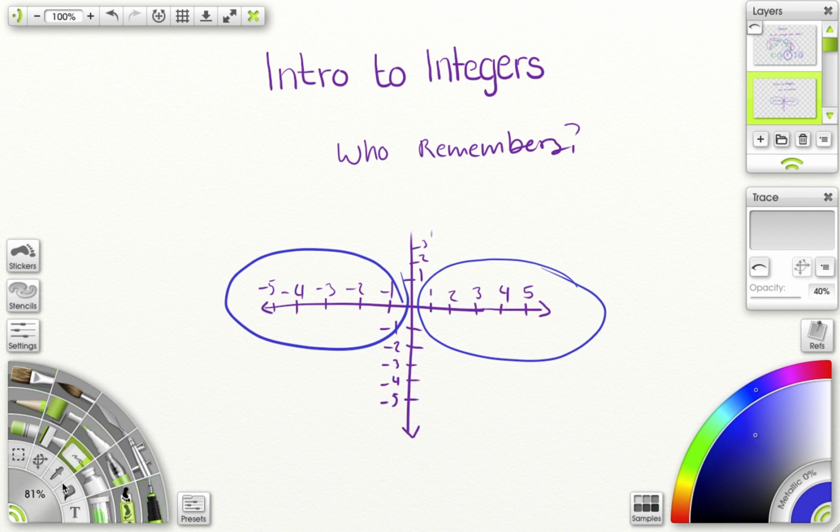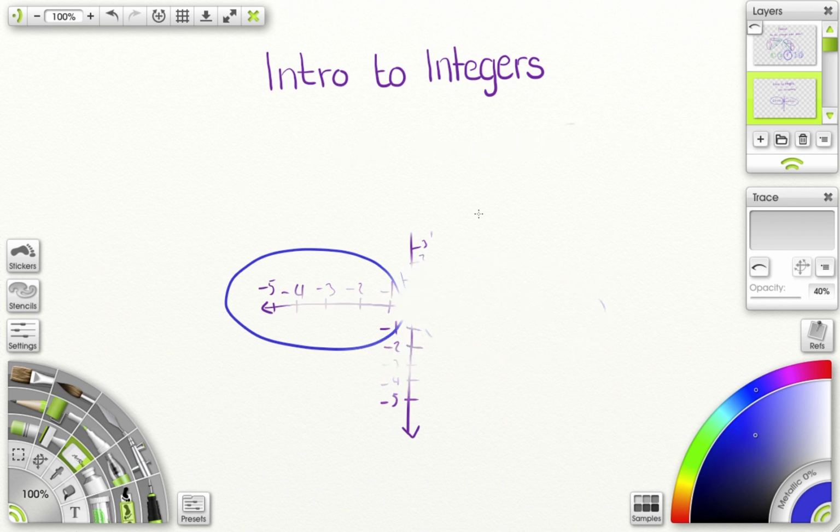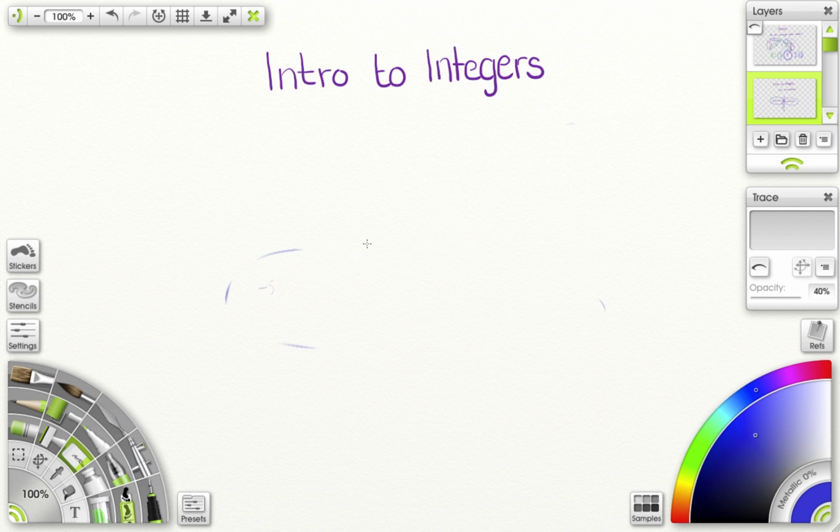If I give you the number -2, all on its own, there's 3 different ways I can represent -2. One is numerically. So usually if you have a negative number on its own, they're often in brackets.